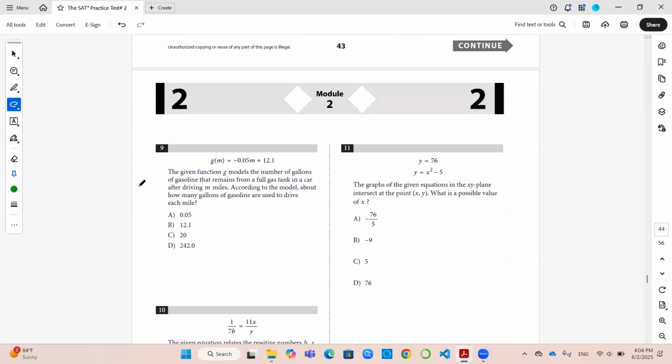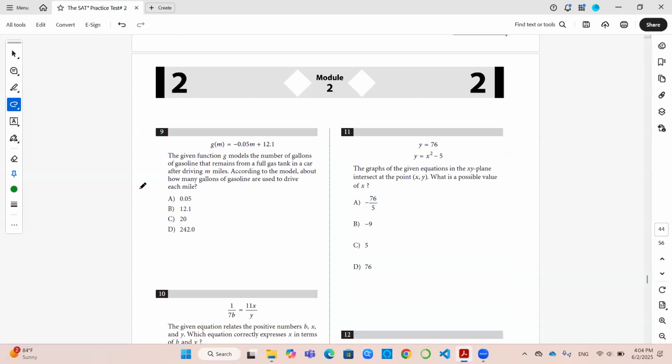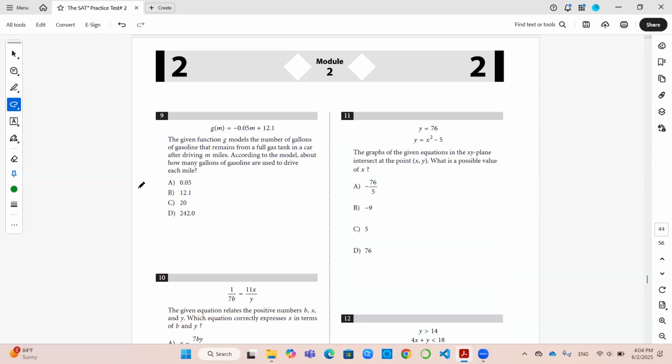The given function G models the number of gallons of gasoline that remains from a full gas tank in a car after driving m miles. According to the model, about how many gallons of gasoline are used to drive each mile? The m represents each mile, okay? Sorry, m represents the number of miles. So for gallons per mile, something gallons per mile. So what is the something? As you can see, the minus 0.05 is the something that we're trying to determine.